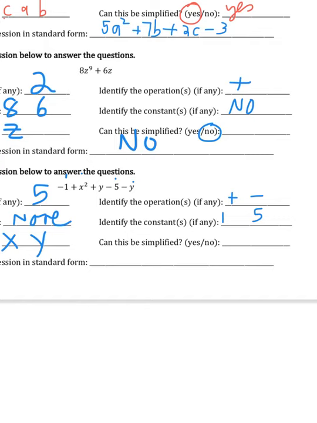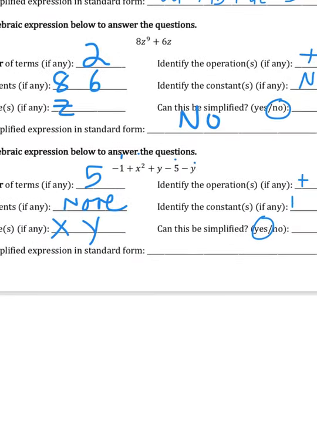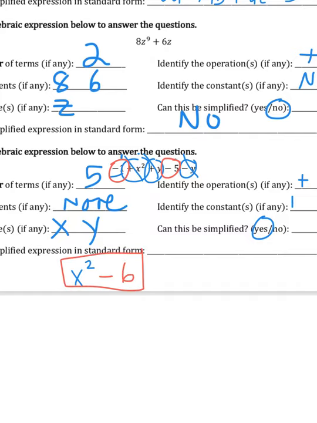Can this be simplified? Yes. Let's simplify it. Start with x squared. Nothing goes with that, so x squared. Y minus y, that cancels out. So no more y's. Negative 1 and negative 5 is a negative 6. And that's it.